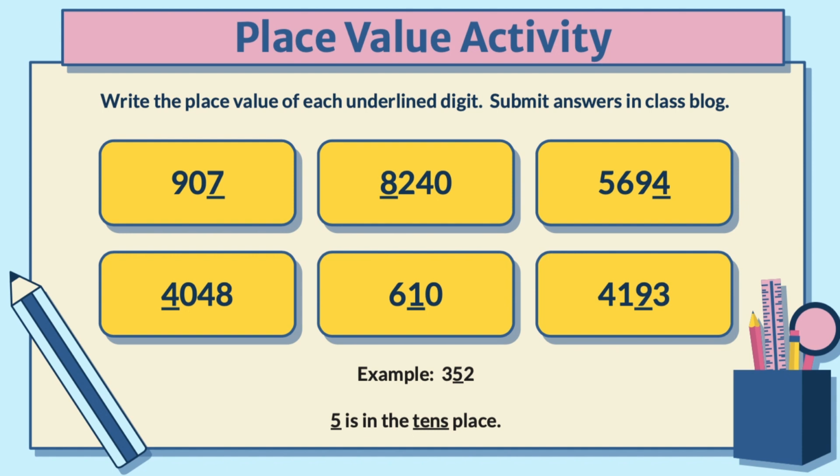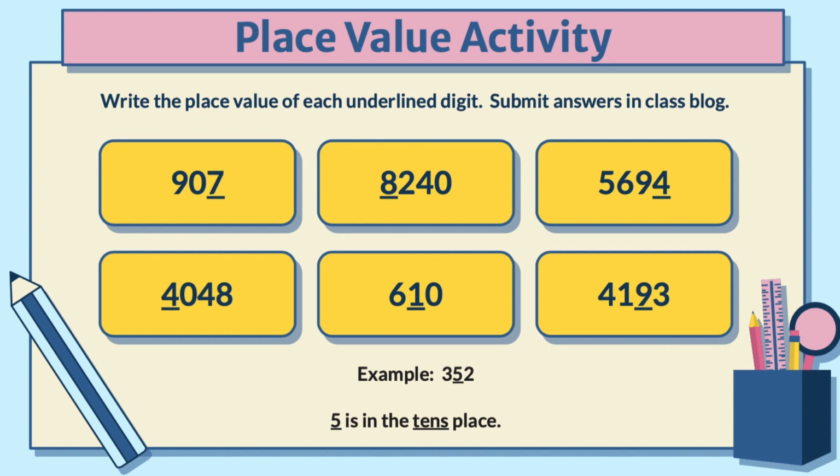For our place value activity, log on to Blackboard and submit your answers to this activity on the class blog section. Use the digital chart for reference to place value. So what you're going to do is write the place value of each underlined digit and then submit your answers onto the class blog.